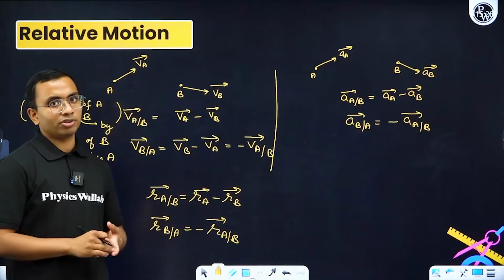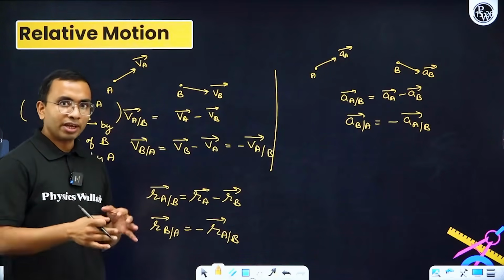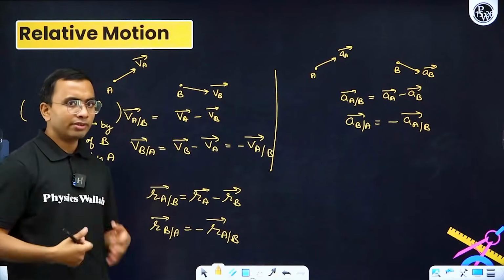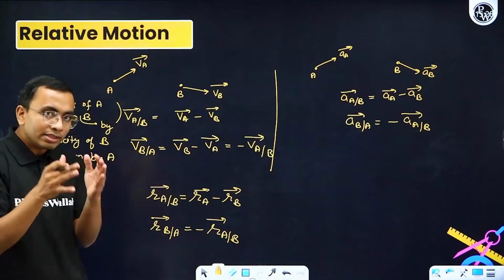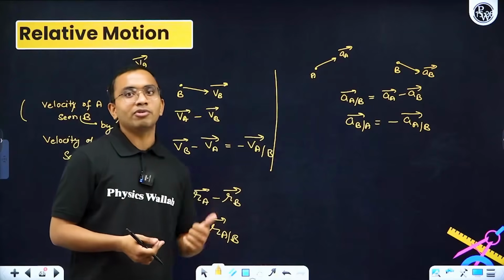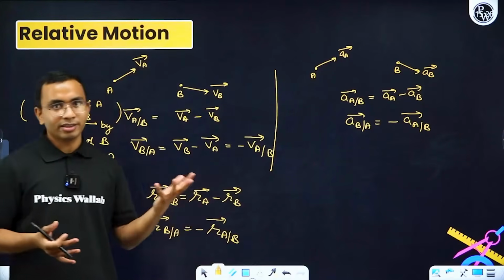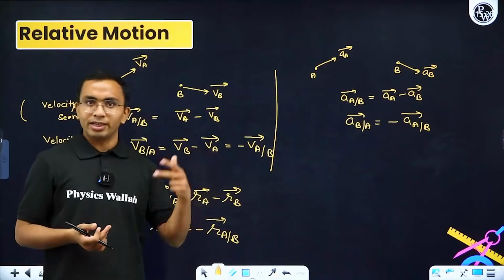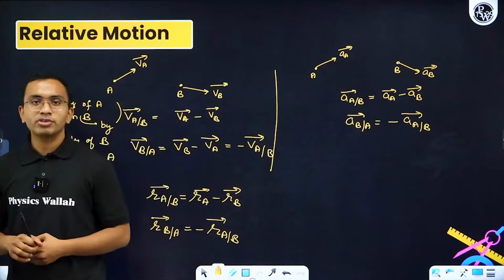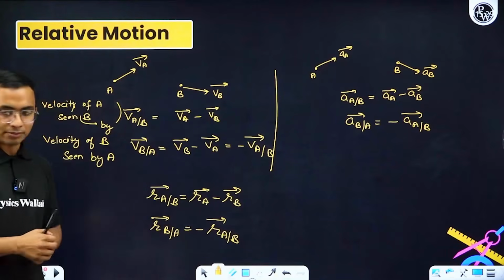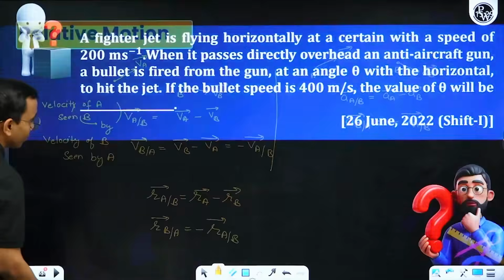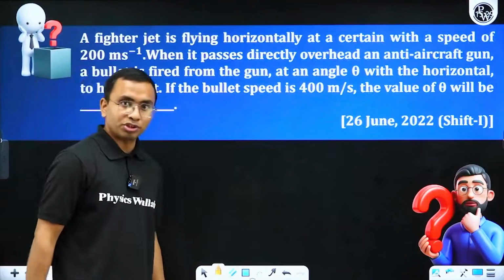You are observing a motion but you are also moving, then we define the relative acceleration, relative velocity, and relative positions. Then you have to write the equations in these relative terms, and accordingly apply the equations to solve it. We'll come to such questions and you'll understand better. Got it? Hope so. Let us do a question.